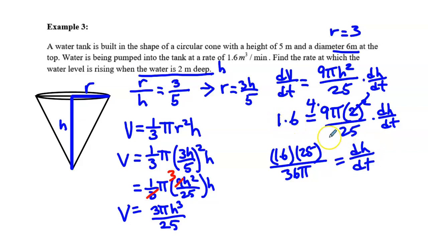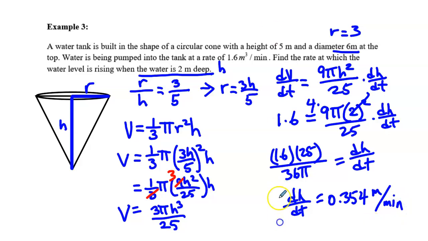Let me just make sure that's right: 25 multiplied there, divided by 36 pi. Yeah, that's good. Plugging this into my calculator, I end up with 0.354 meters per minute. And that's our answer right there.